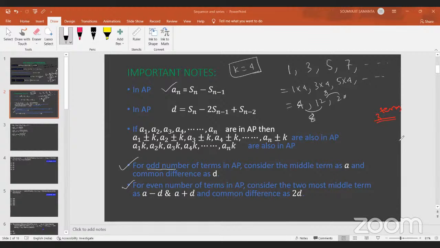So we'll take the middle term as A, common difference as D. So the previous term will become A minus D, and the next term will become A plus D.